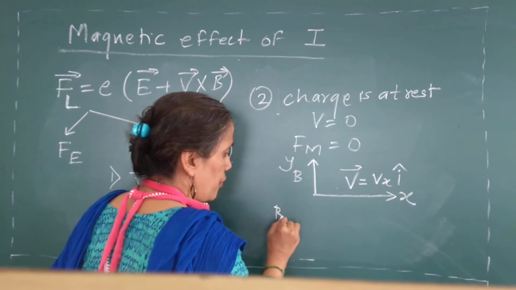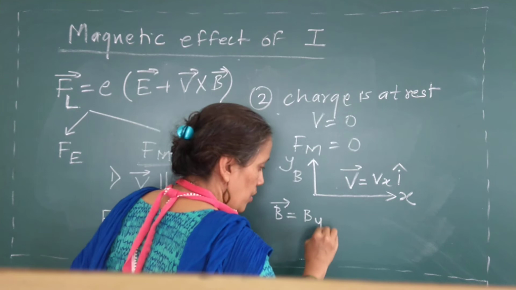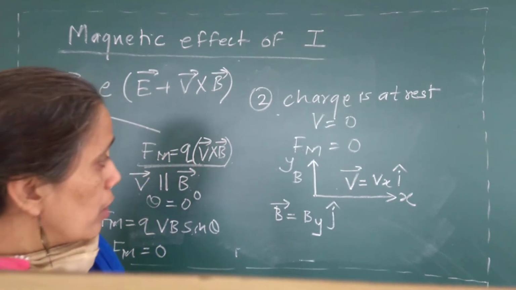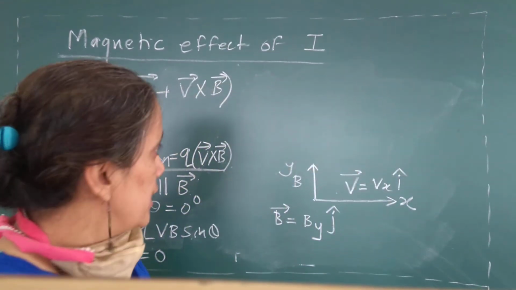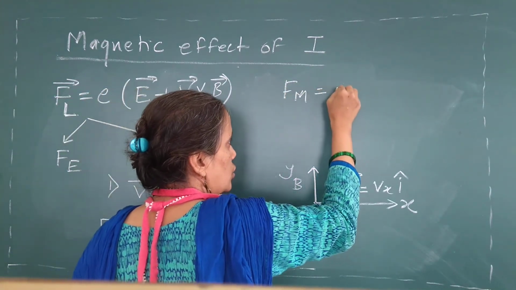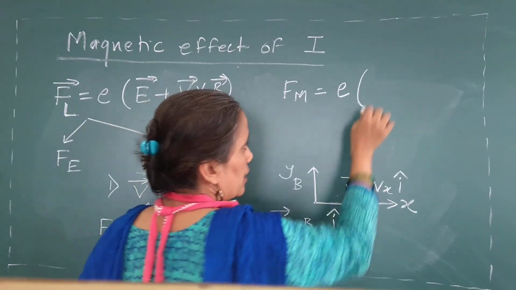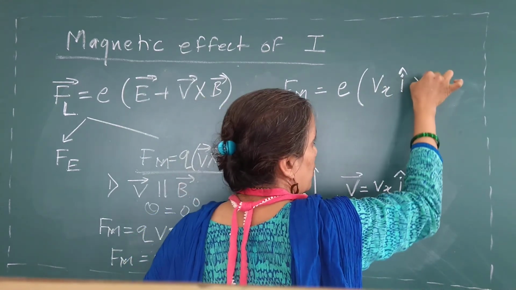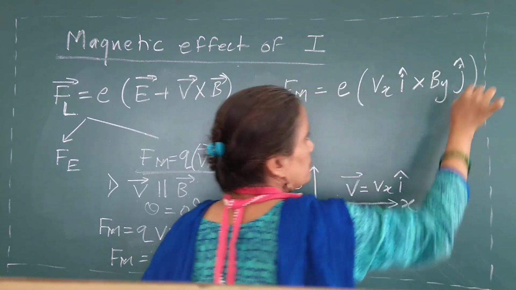And the magnetic field, which is along the y-axis, I can write as vy into unit vector j. So now what Lorentz force will act here? In Lorentz force law, I can write the magnetic force Fm as charge, the charge on electron is e, into bracket, instead of vector v, vx into unit vector i. Clear? Cross, what is that? Vy into unit vector j.